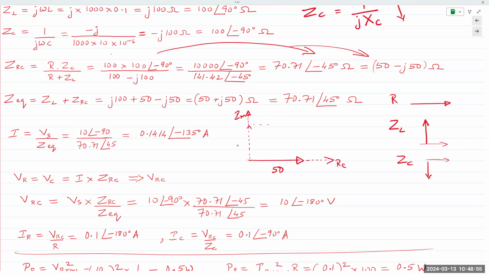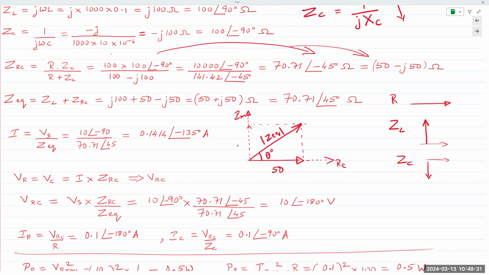Let's point it right here. Obviously, this is not to scale because it's 50 plus J50. They should be the same length, and that's the intersection point. So this would be the magnitude of ZEQ, and this would be the phase angle, which of course would be 45 because the real component is 50 and the imaginary component is also 50.